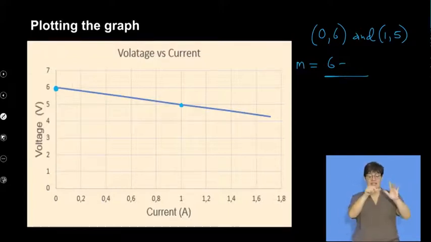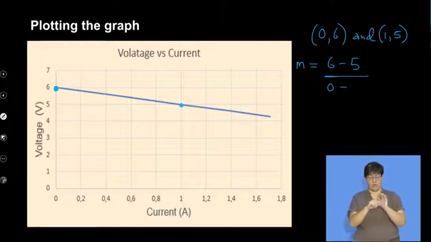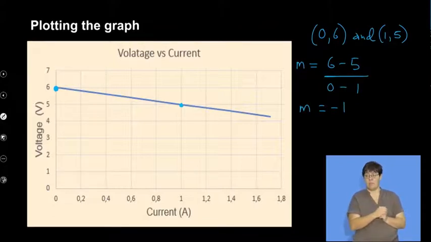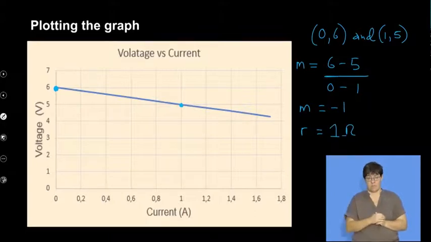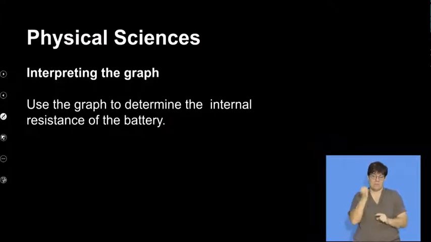So this gives us minus 1. And we know that this gradient of minus 1 represents the internal resistance. So the negative gradient represents the magnitude of internal resistance, which is 1 ohm, which is the very same value that we obtained earlier. So we've managed to do that using the graph.